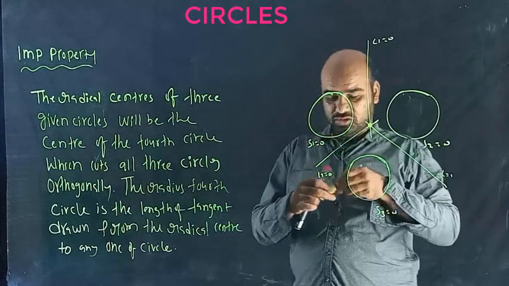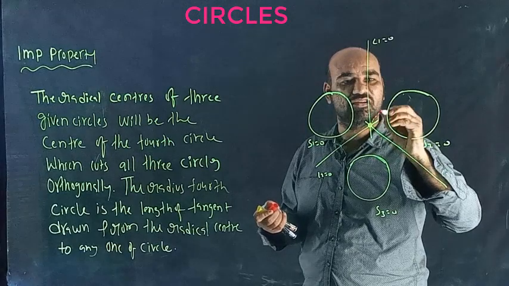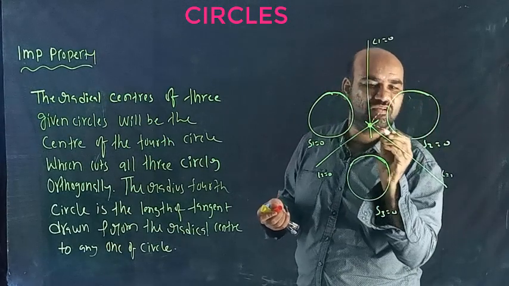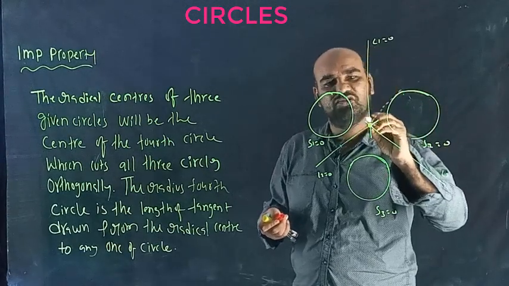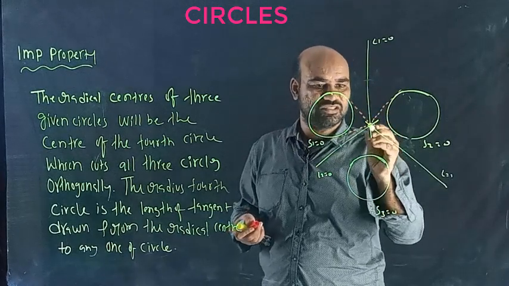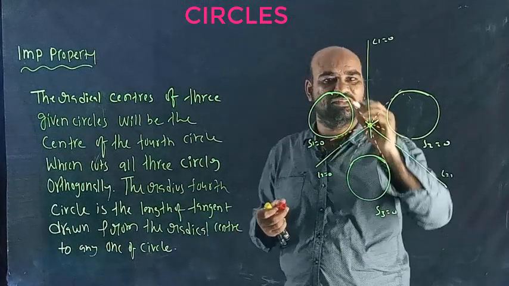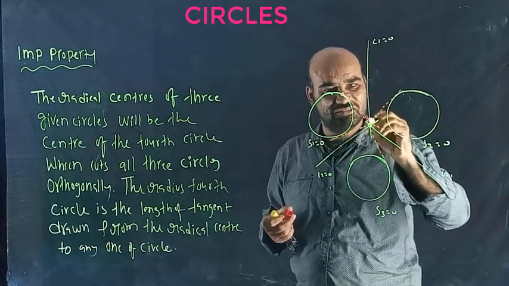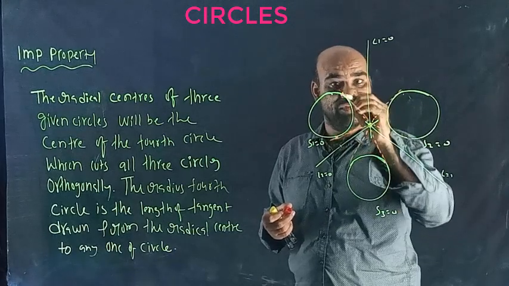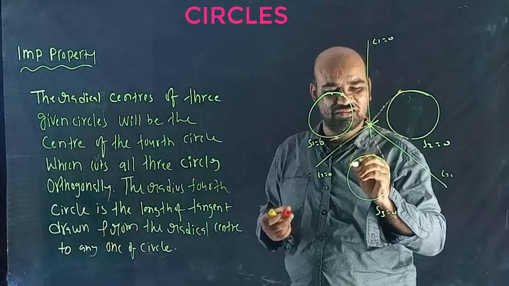From this point you can draw two tangents to circle 1, another two tangents to this circle, and another two tangents to this circle. The important thing is that all these lengths are equal.